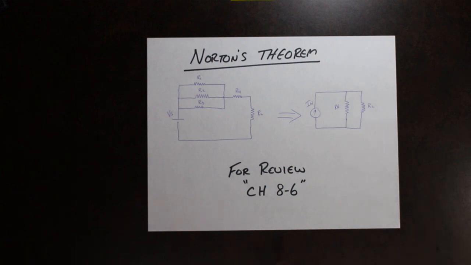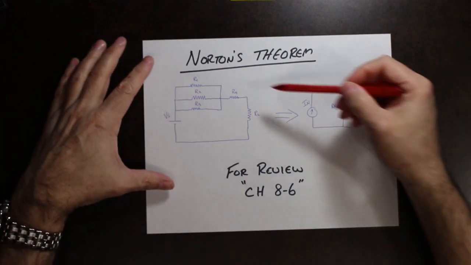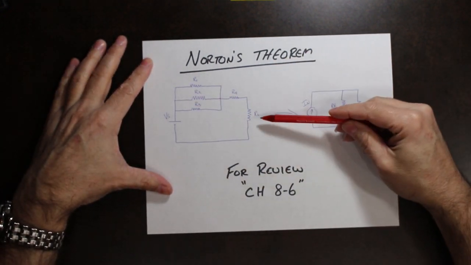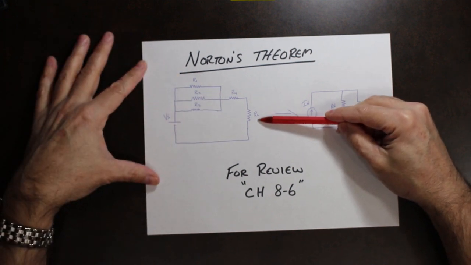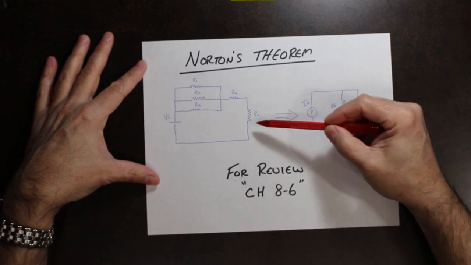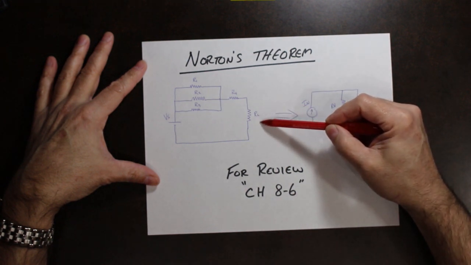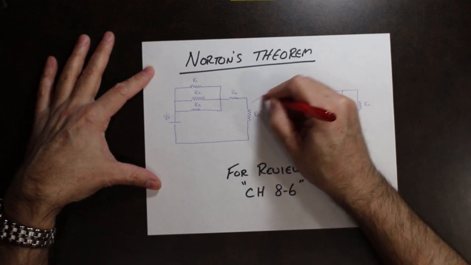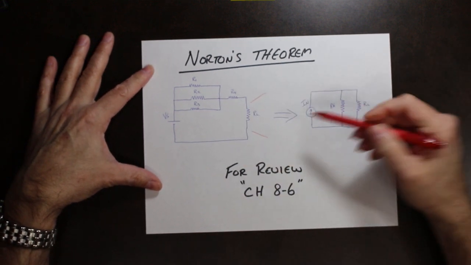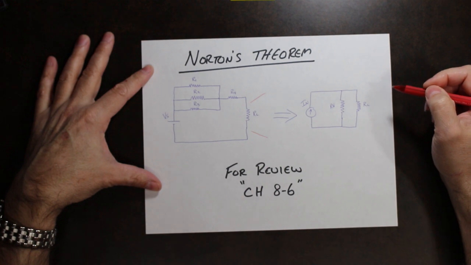Well, basically the idea is we have a circuit where we have identified one resistor in our complex circuit, which we're going to call the load resistor. This becomes the focus of study for this particular circuit. We want to look at all the conditions around that particular resistor.